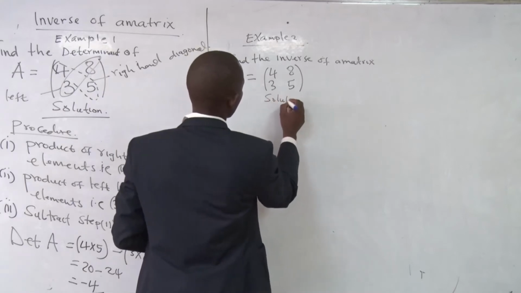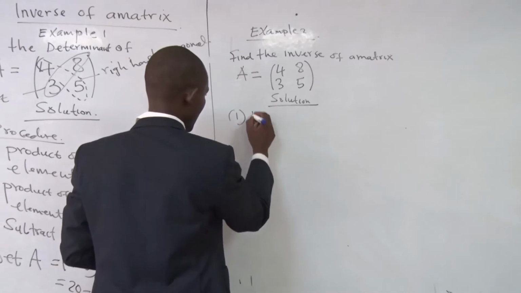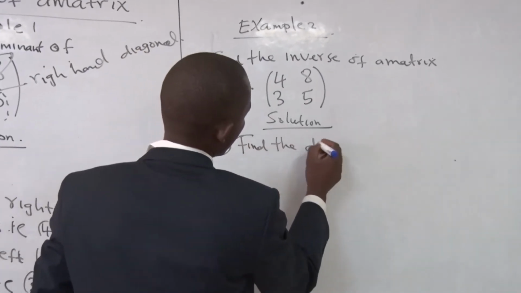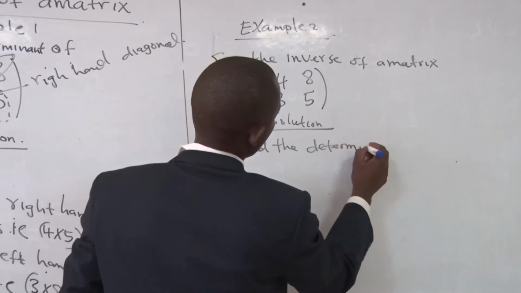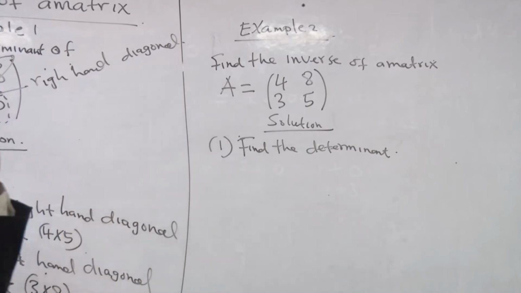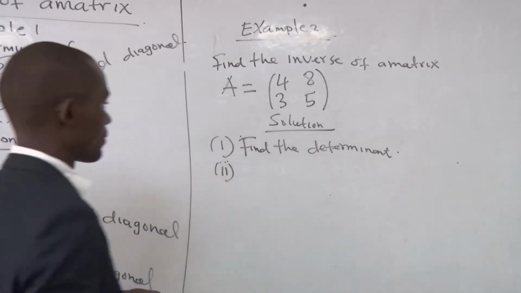Solution. Number 1, you need to find the determinant, that we have already found. That is procedure number 1.